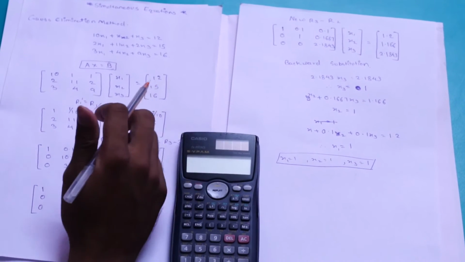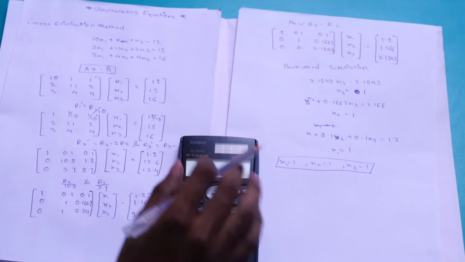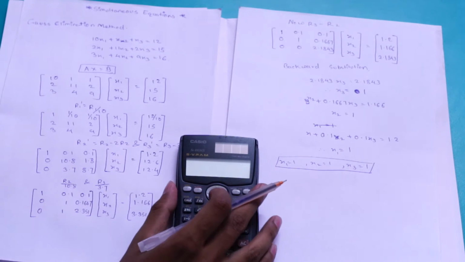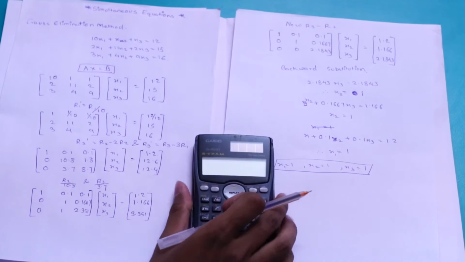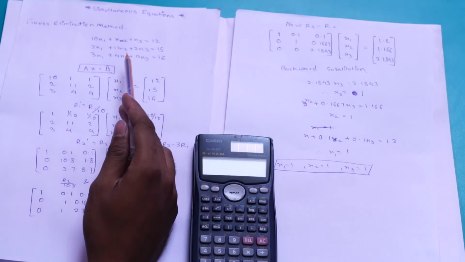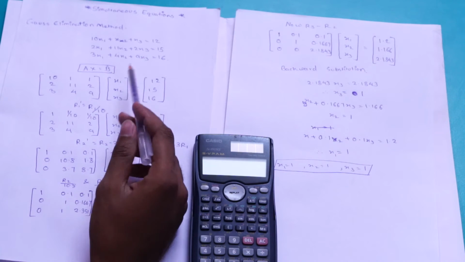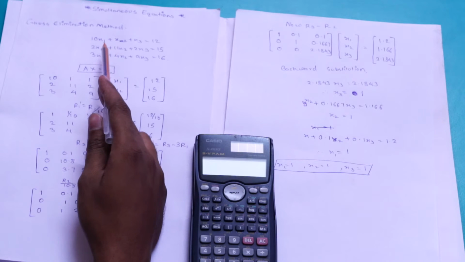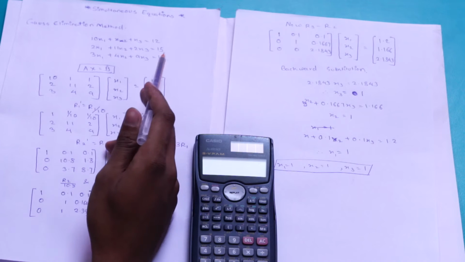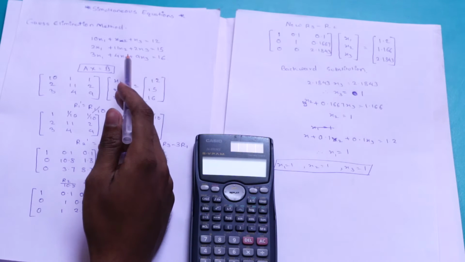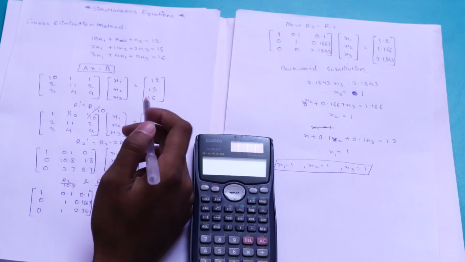Now we have solved this equation using the conventional method. As we know the procedure of solving the Gauss elimination method, first of all, as we have been given the equation, we have to write it in the form of a matrix, and if the equation is not given in partial pivoting form, first we have to convert it into partial pivoting form and then write it in matrix form.